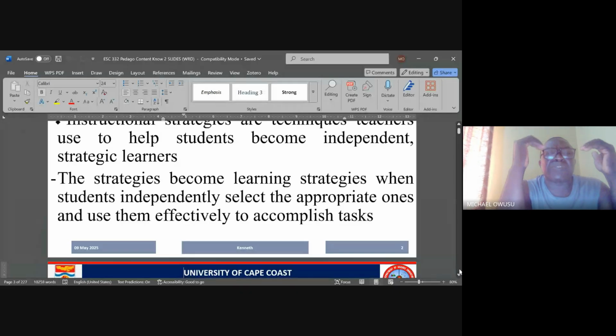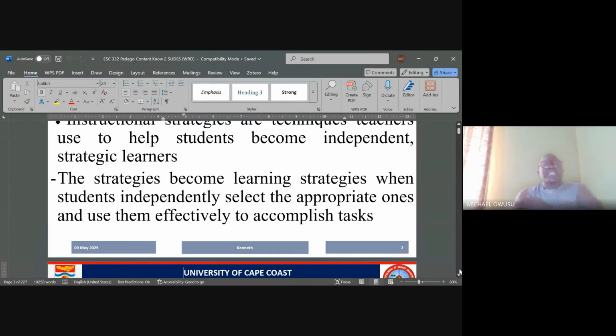Then the students sit down and say, okay, Dr. Owusu has given us maybe A, B, C, D. But to me as a learner, when I employ A, B, C, that will help me to understand my learning better and help me accomplish whatever task I have.